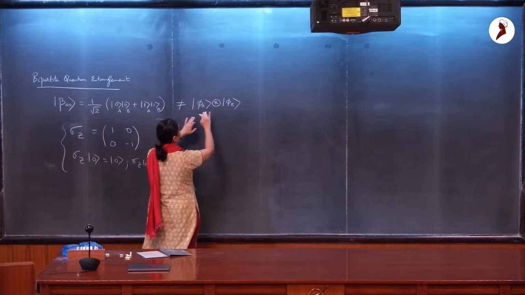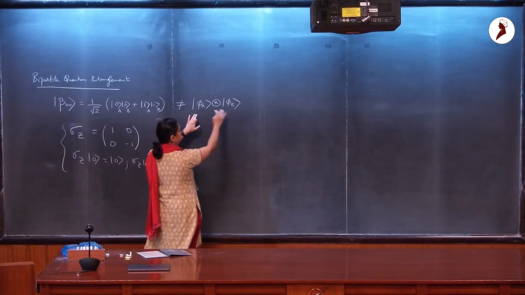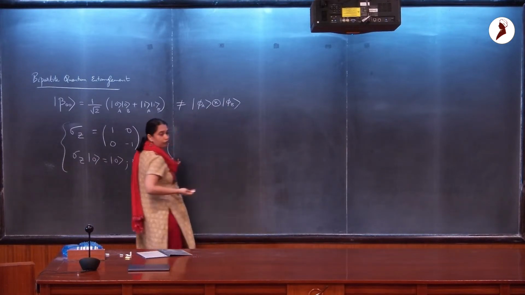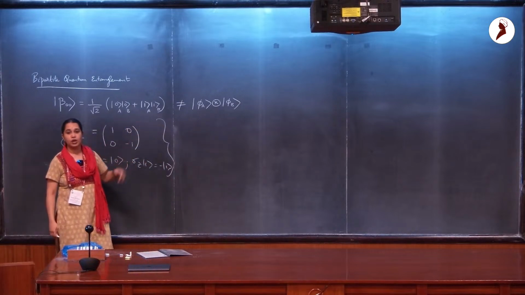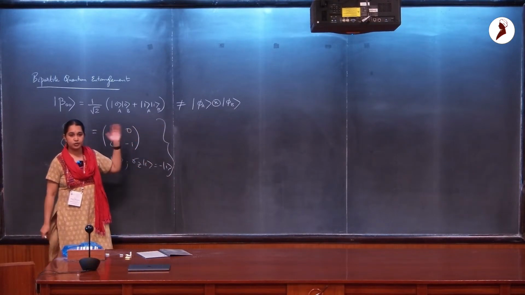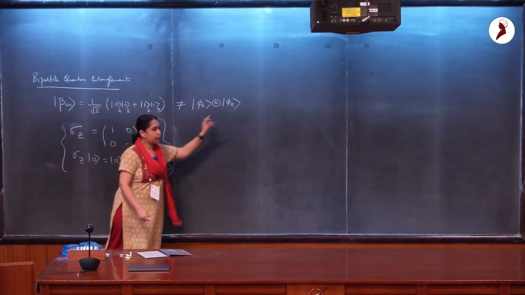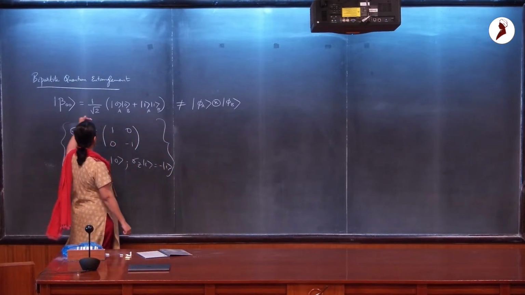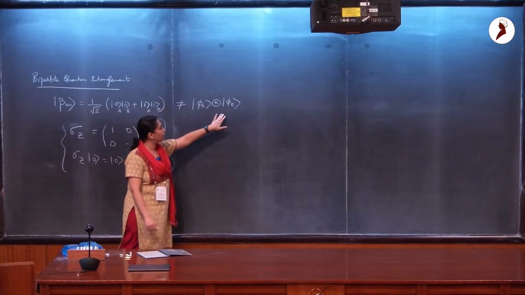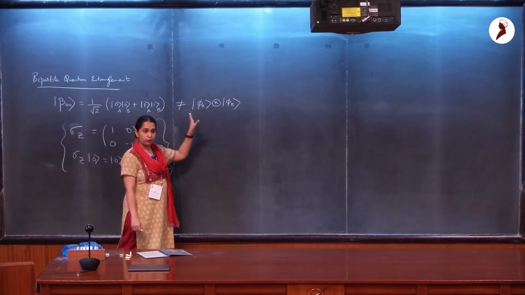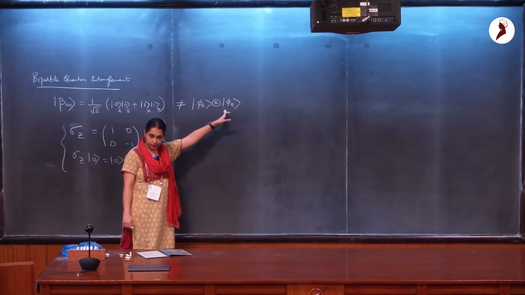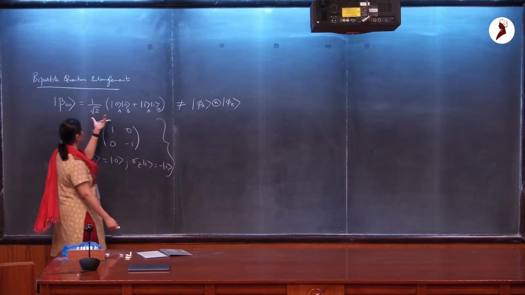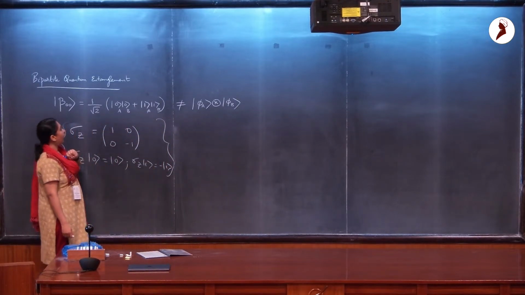You try to write down a tensor product like this with some arbitrary coefficients, and you will find an inconsistency in trying to solve for these coefficients. There is no way to solve for a pair of states like this. So this is a state which cannot be decomposed into a tensor product of a local state in A and a local state in B, and so we call such states entangled states.